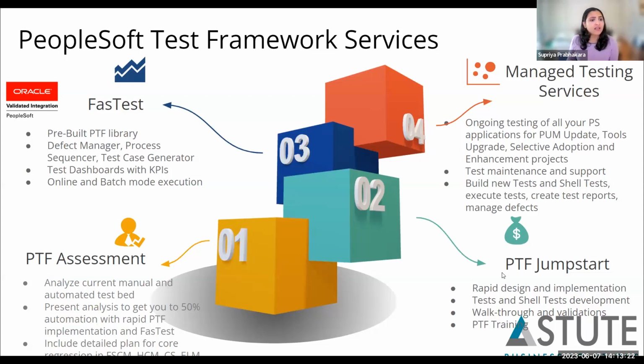And Fastest is also built to overcome some of the challenges PTF had. So not everything was available in PTF out of the box. For example, yes, I'm able to automate my testing, but do I have the reporting capability? Do I have the capability to combine multiple scripts together and run them at once?